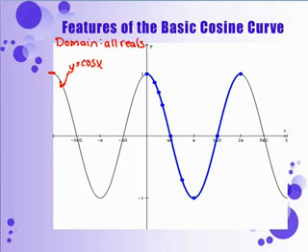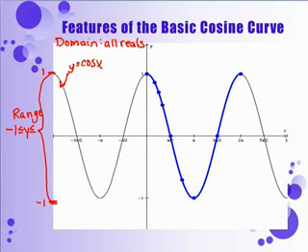Just like with sine, our maximum value is 1 and our minimum value is -1. So that means that our range, again, y falls between -1 and 1.